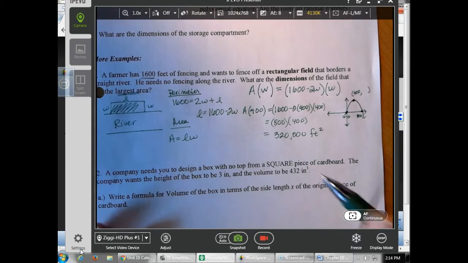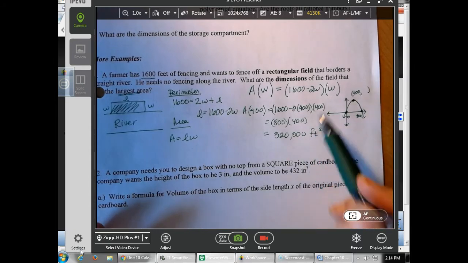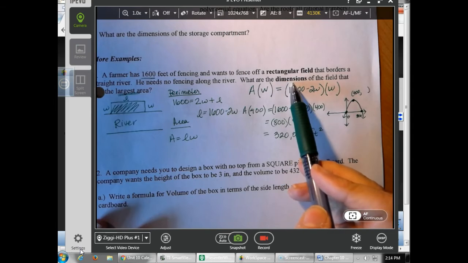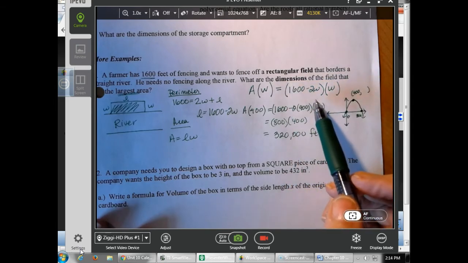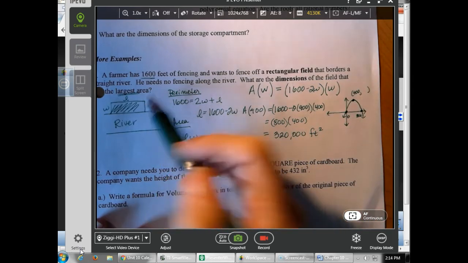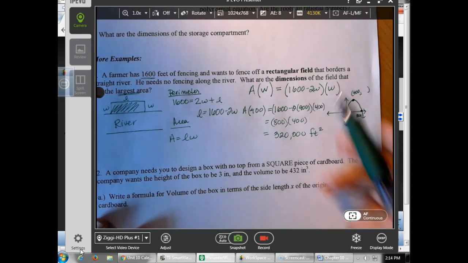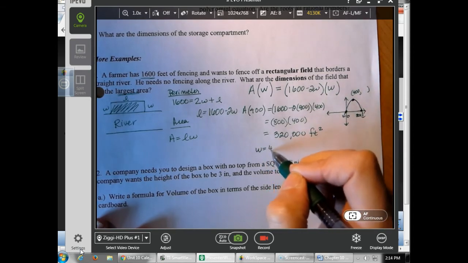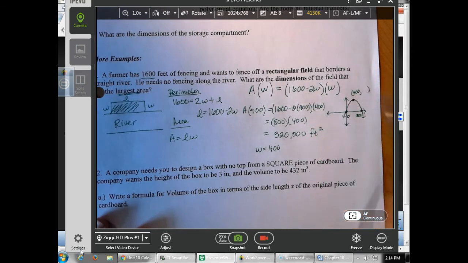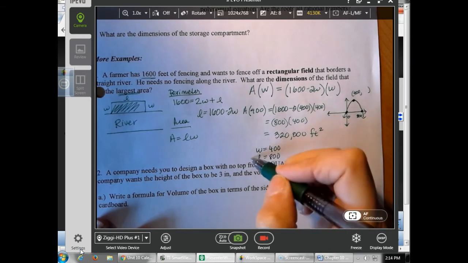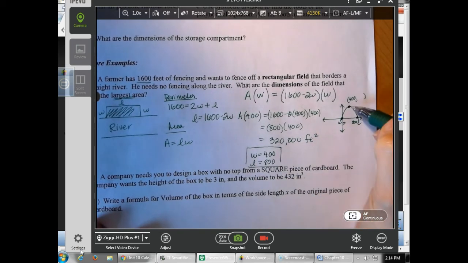Okay, now I want to show you how you would find that in your calculator, but what we are asked for in this specific problem were the dimensions. So the dimensions are going to be 400 for the width, and if the width is 400, then the length would be 800. So this is really what the problem asked for. I found a certain location, 400, and then it's going to be 320,000 right there.